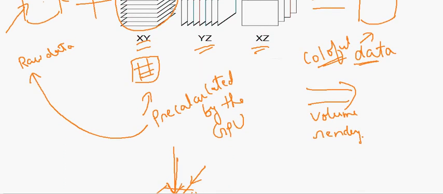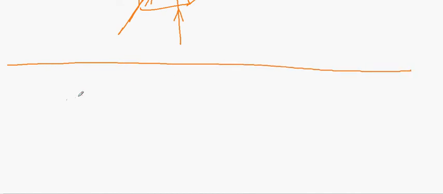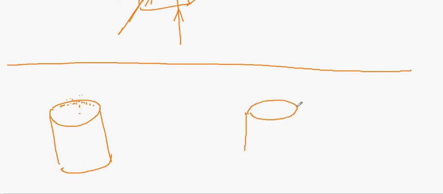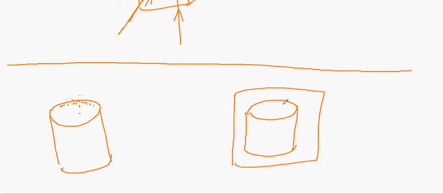Now the question arises, why should you calculate all the points in the 3D data? There may be some points in the back side of the volume that may not be displayed on the 2D screen, you may not see them. Why should you simply do the calculations?